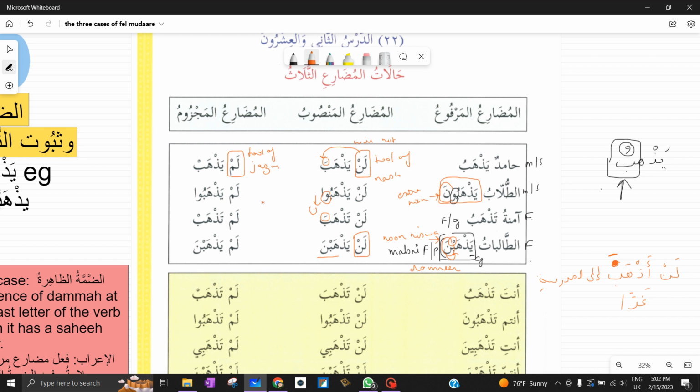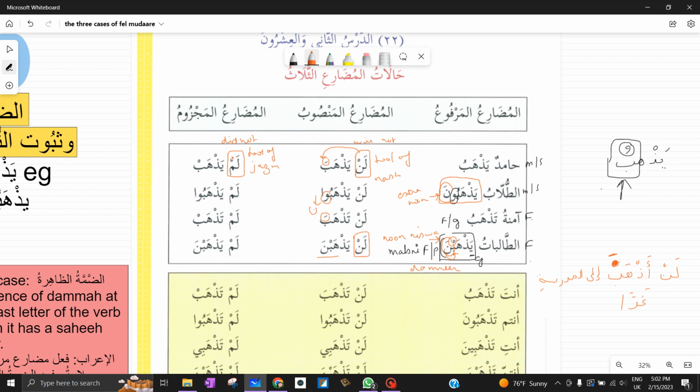And what about lam? Lam means did not. This is also a negative adaat, that means adatul nafi or manfi, negative particle.